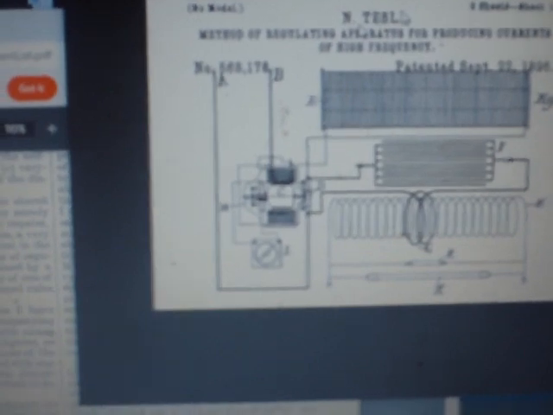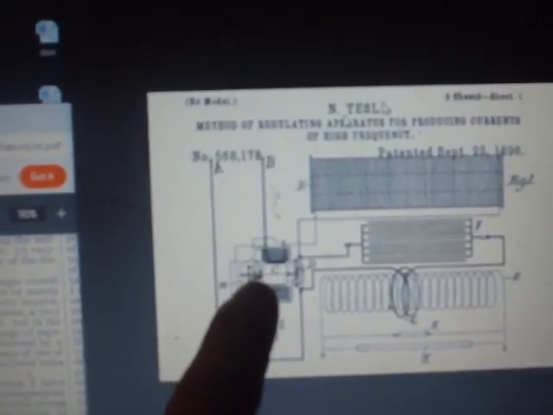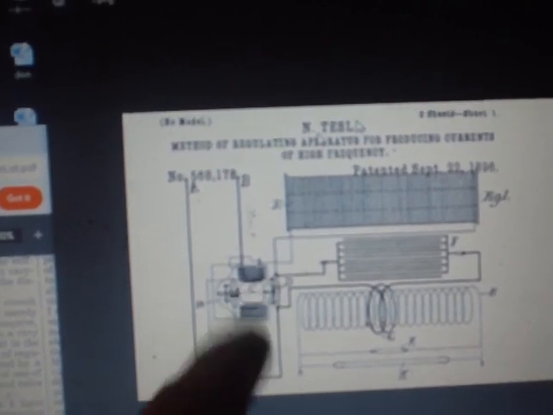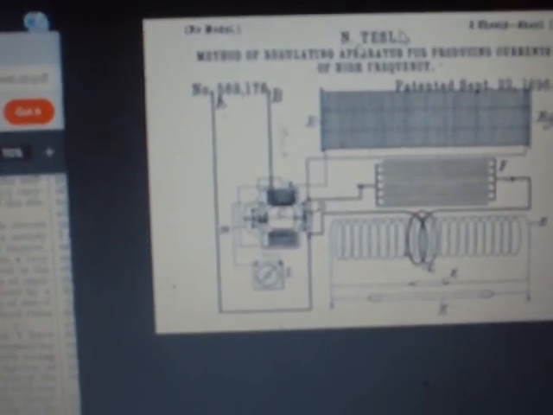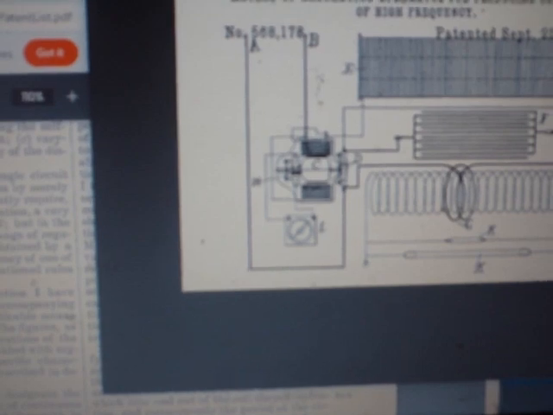This can be put away and you can use a flyback transformer from your television. Your flyback transformer will output DC, high voltage direct current, which you need. But you can also use AC with a high voltage flyback transformer.